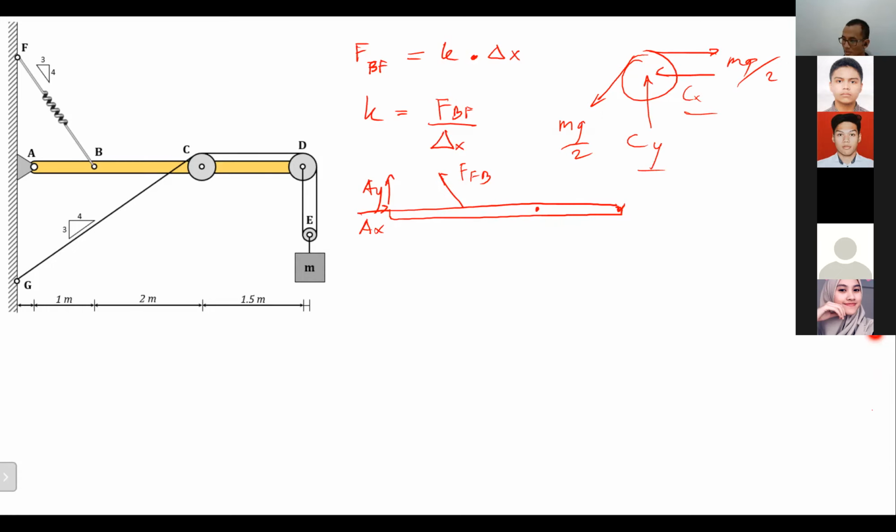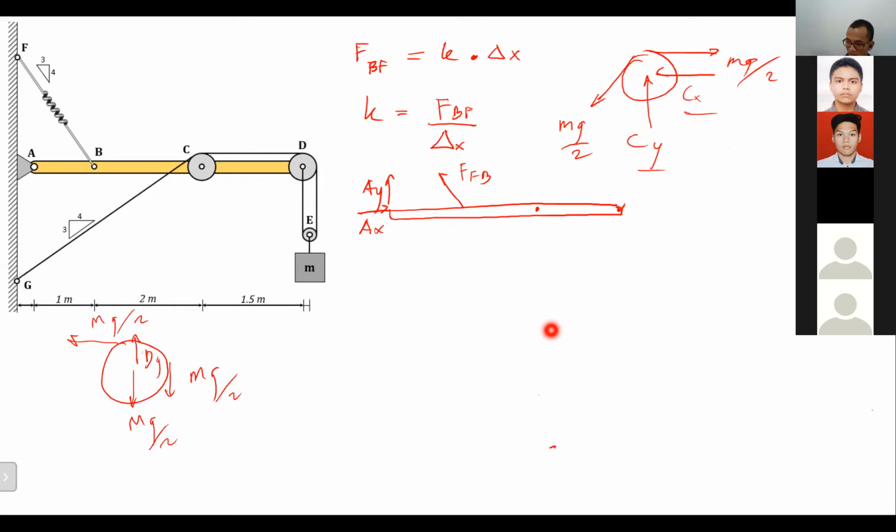And beside that, at point D as well, the pulley will be like this. It will be mg per 2, and another mg per 2. And you have this Dy, Dx.